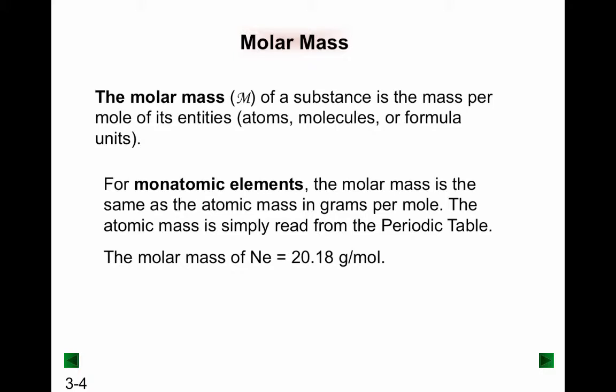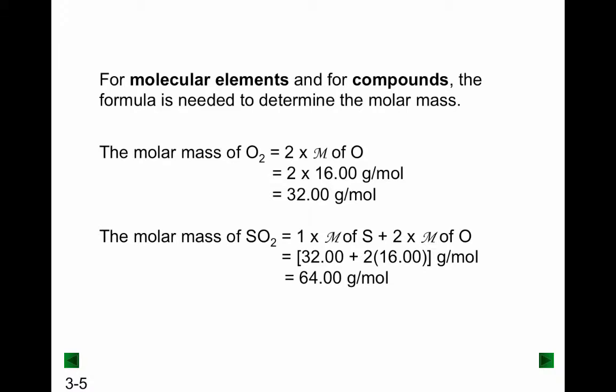Therefore, the molar mass for sodium is 22.99 grams per mole, for iron 55.85 grams per mole, for argon 39.95 grams per mole, and the molar mass for neon is 20.18 grams per mole. For molecular elements, we need to know the molecular formula in order to determine the molar mass.